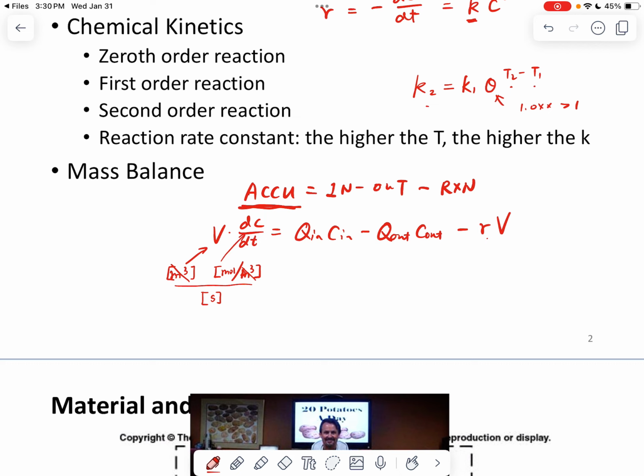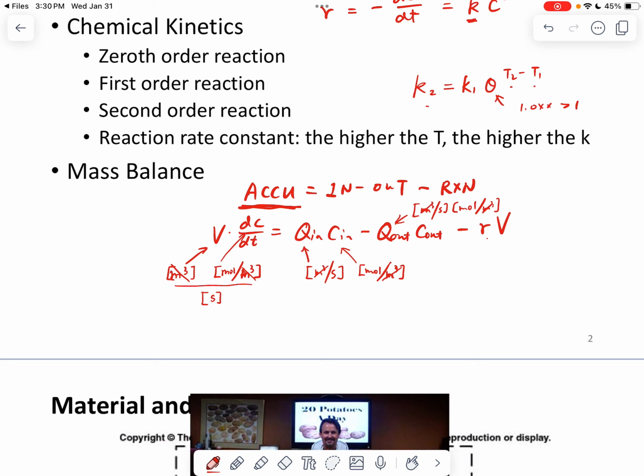If we look at the right-hand side, Q has a unit of meter cubed per second. This is flow rate. And C is mole per meter cubed. It can be liters too, but if we use the standard unit, it's going to be meter cubed. So it's meter cubed per second times mole per meter cubed, which is mole per second.